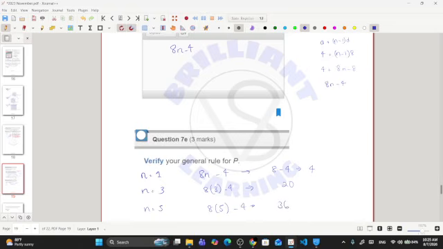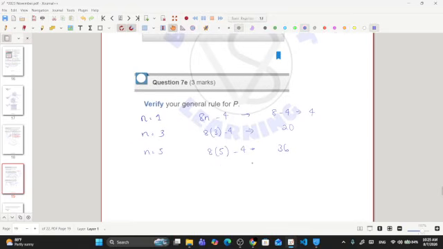Alright. So when we input these values, we get our desired answer. So hence, after writing this, I can say values are same as in the table, hence verified.